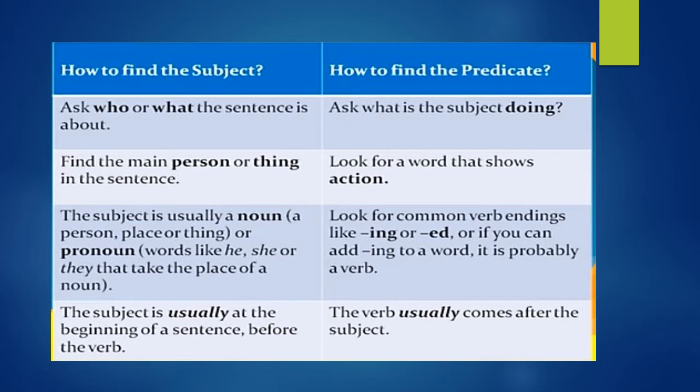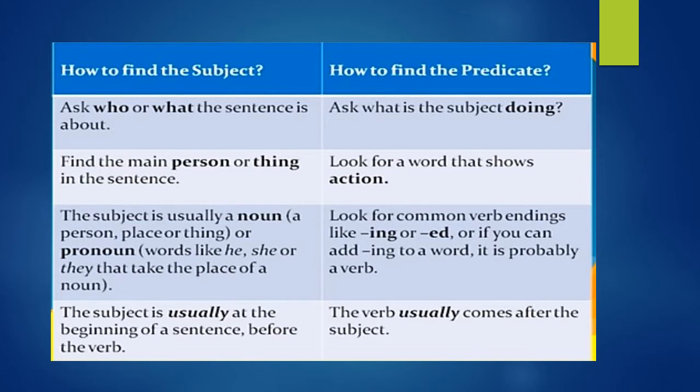And students, the subject is usually a noun, means it is a person, place or a thing, or a pronoun like he, she or they. Okay. And for predicate, you have to look at the verb ending with ed or ing.